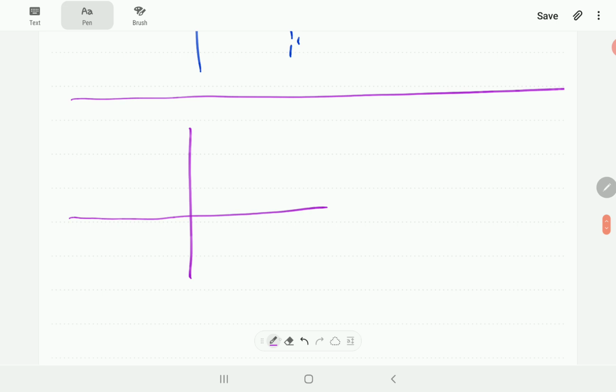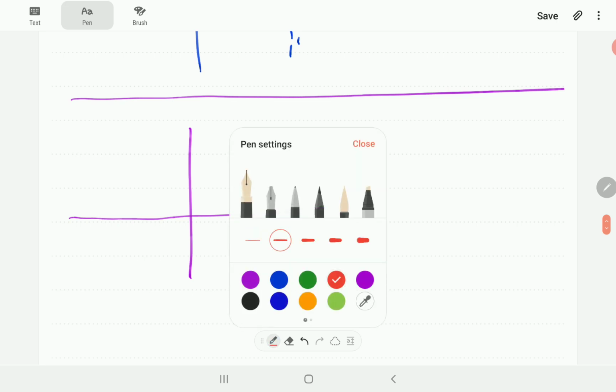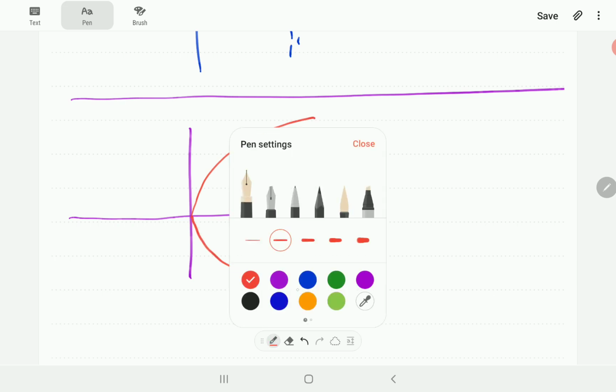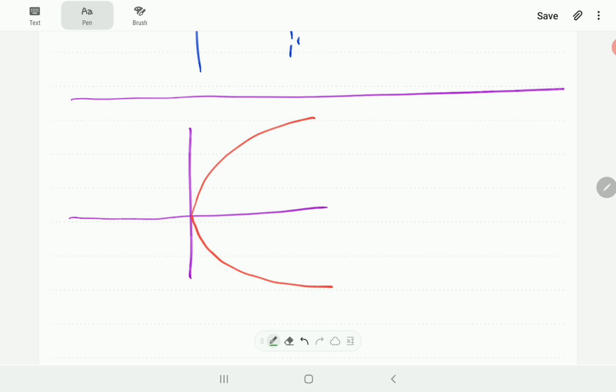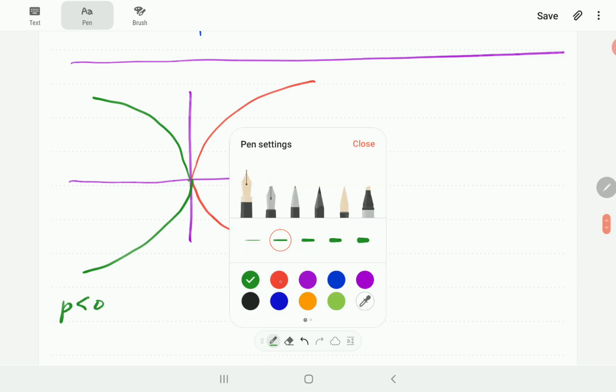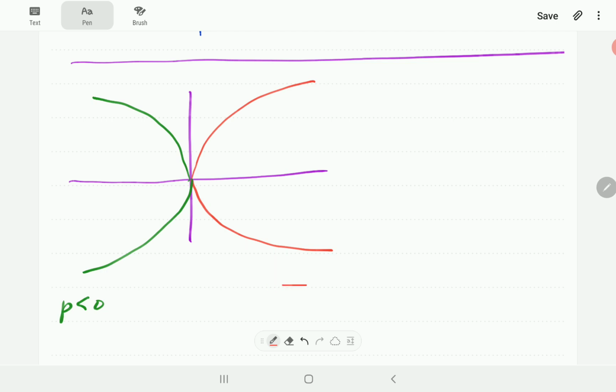In this case, the parabola could open to the right or to the left. It opens to the right if p is positive, and to the left if p is negative.